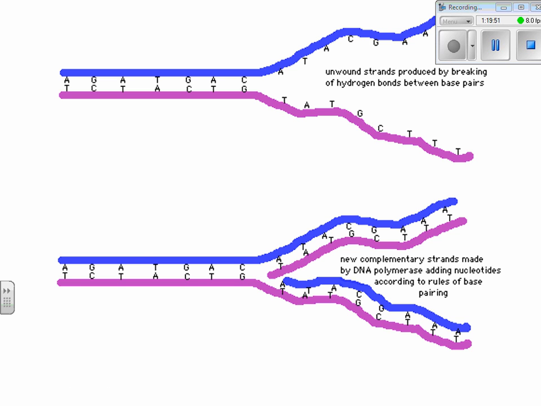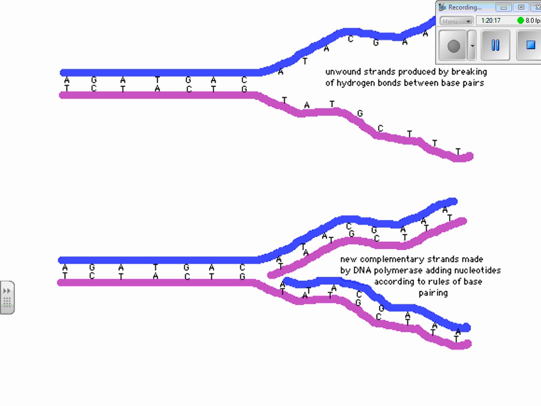Now, if we were to look at it in a very, very simplistic way, this is how replication produces 2 new DNA molecules from one. So our original one at the top there, original DNA molecule with a blue strand, which might be the template or non-template, it doesn't matter, and a pinky purpley bottom strand there, which is obviously the complementary one with its base paired sequence there.